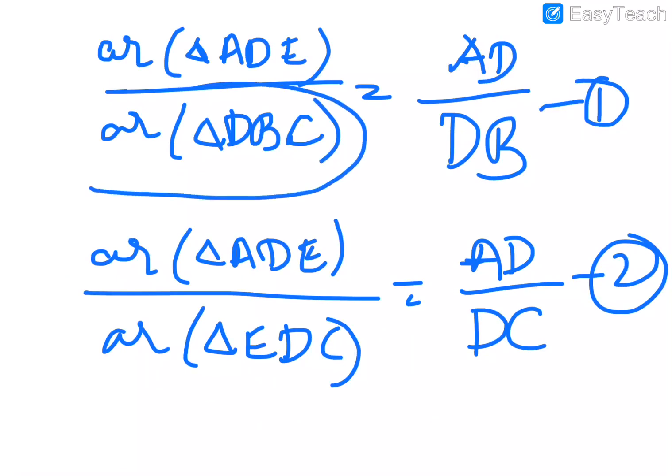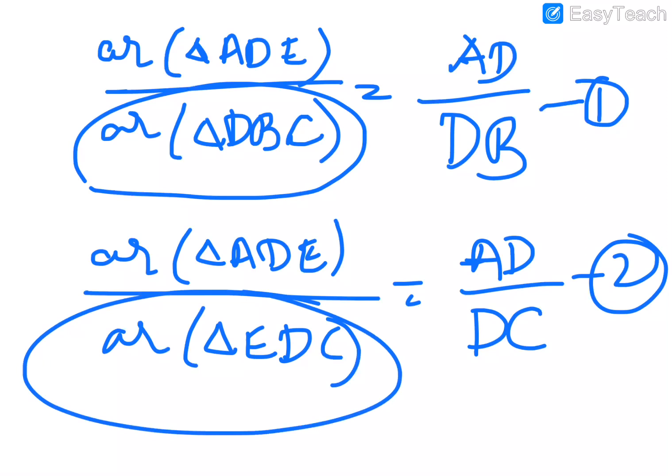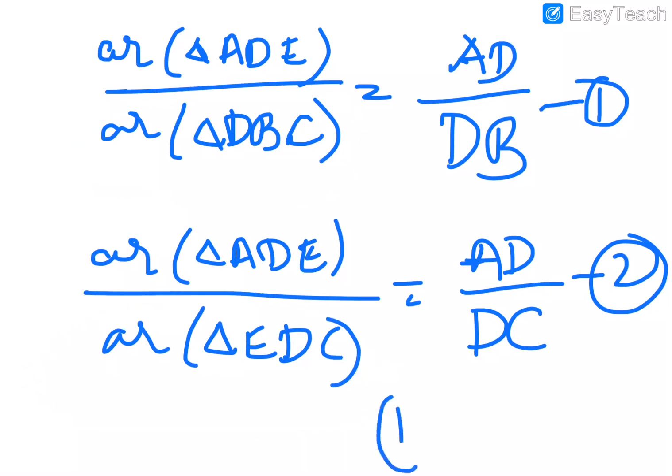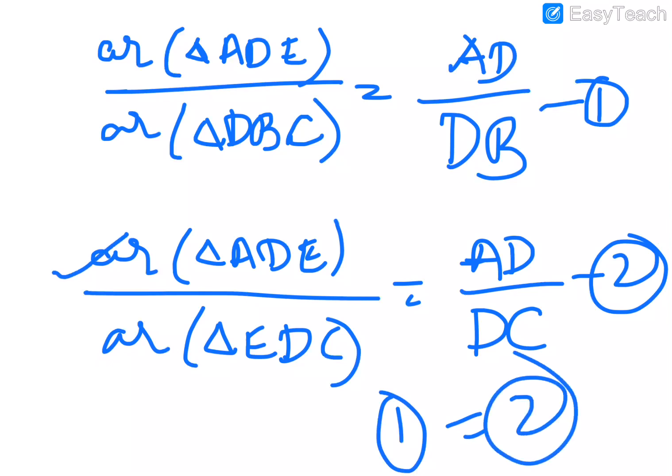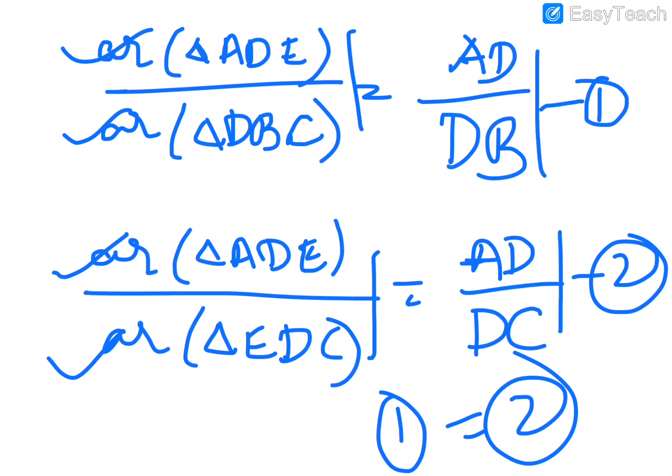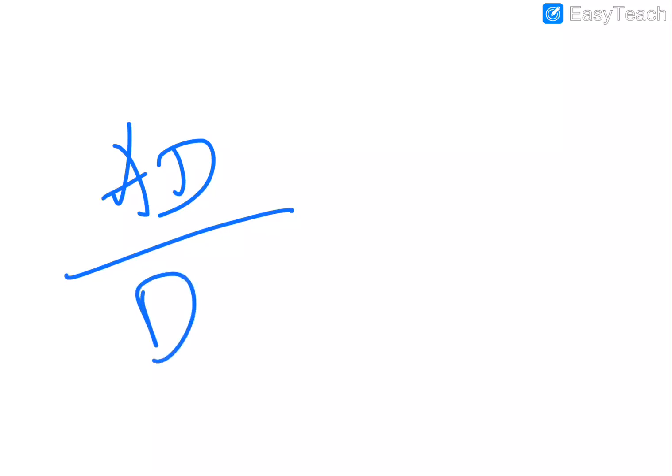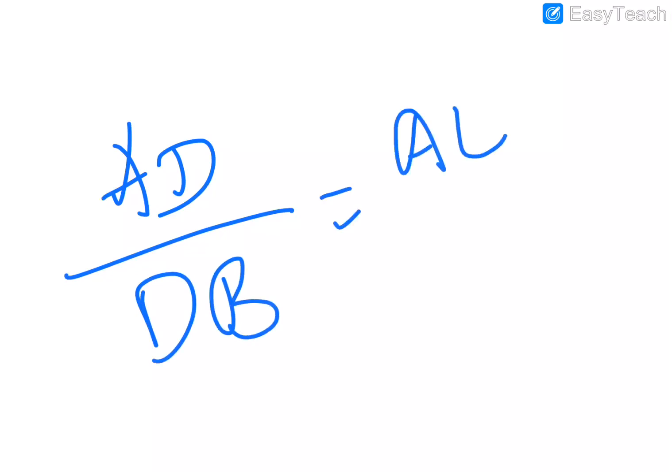So what we can say here, the denominator and here the denominator, both the areas are same. So we can conclude 1 is equal to 2 because the numerator is the same triangle and the denominators are triangles equal in area. So we can say this ratio and this ratio is equal on left hand side, so automatically the right hand side will be equal. And finally what we have proved is AD by DB is equal to AE by EC.